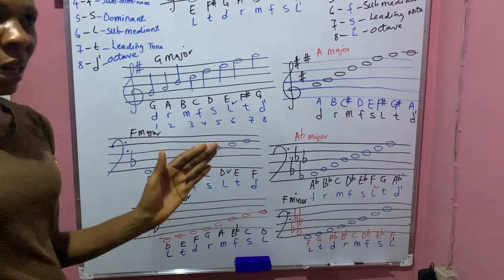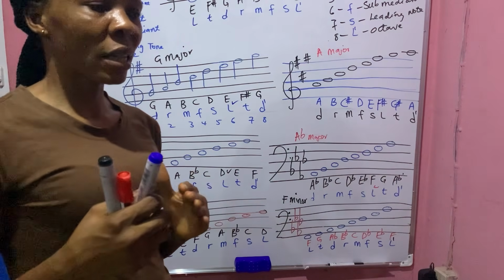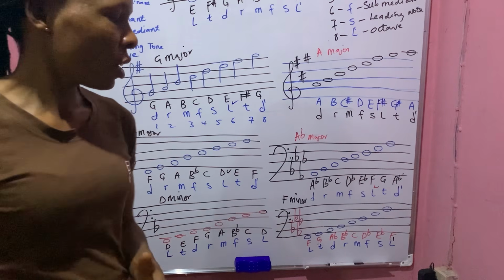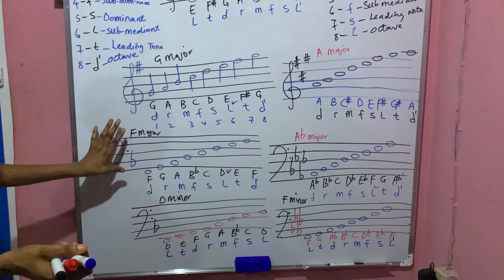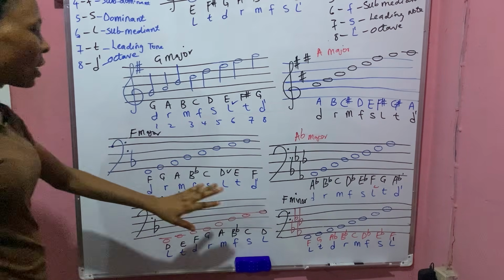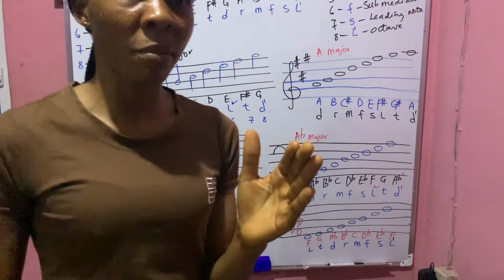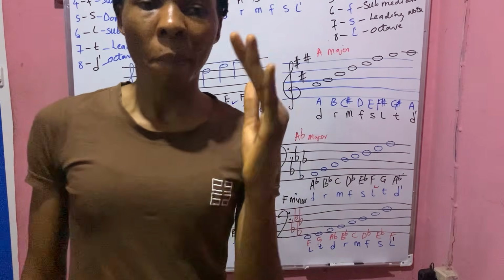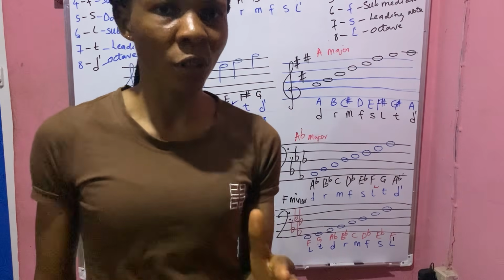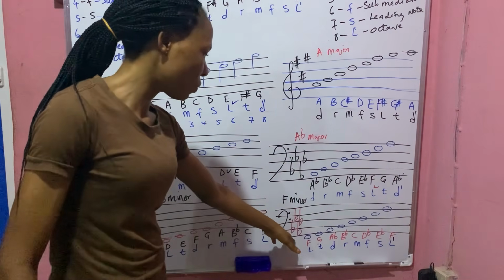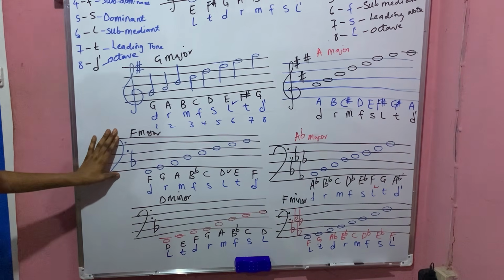So generally, to make it sound professional, you can tell me that the difference between the key of F major and F minor is that they share the same tonic name but different key signatures. This one has 4 flats while this one has 1 flat.